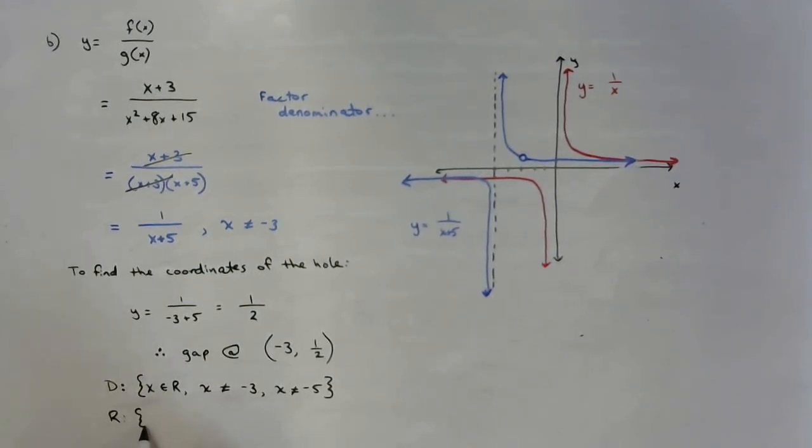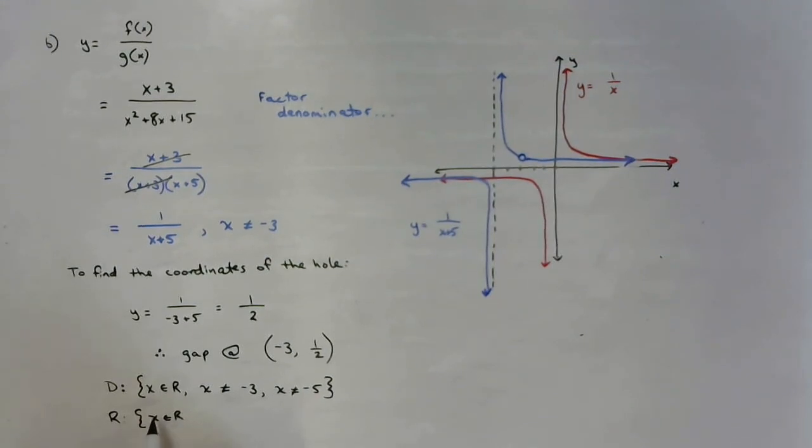For our range, y belongs to the set of real numbers, such that y, we just figured out, can't be 1/2, and y can't be 0. So we have a horizontal asymptote there. And it's all the information that we needed.